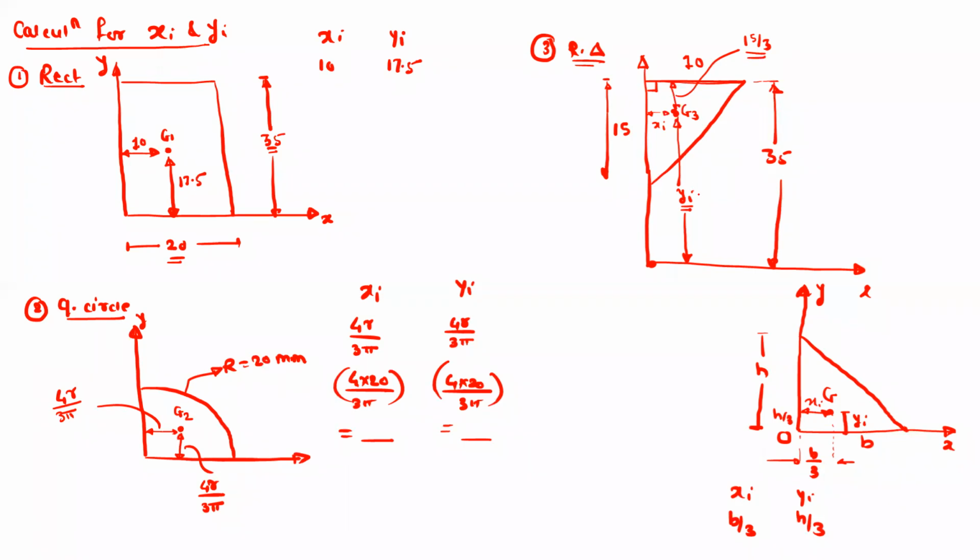We will get the required distance yi. So yi is equal to 35 minus 15 by 3. And x coordinate we can directly get. From y-axis, distance is b by 3, that is 10 by 3. So x coordinate is 10 by 3 and y coordinate is 35 minus 15 by 3. So this is equal to 40 and this is 10 by 3.